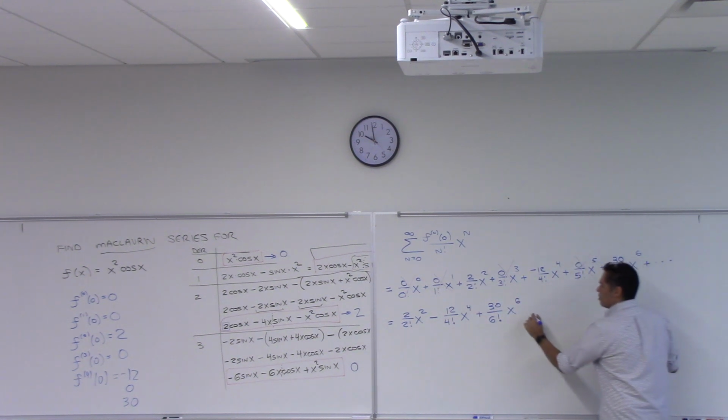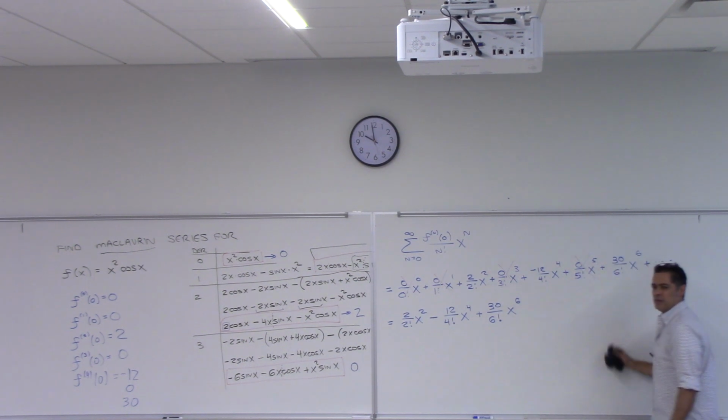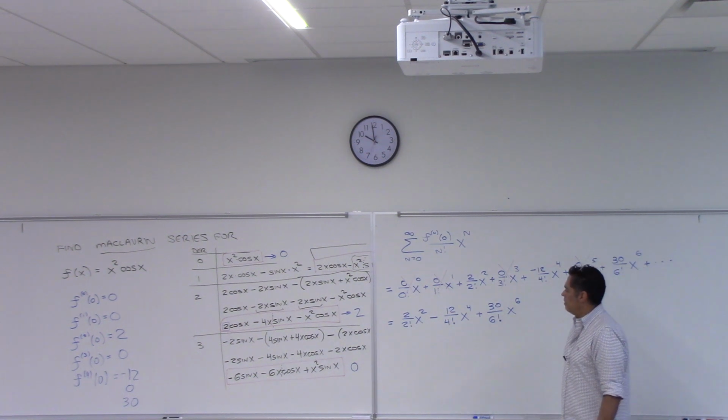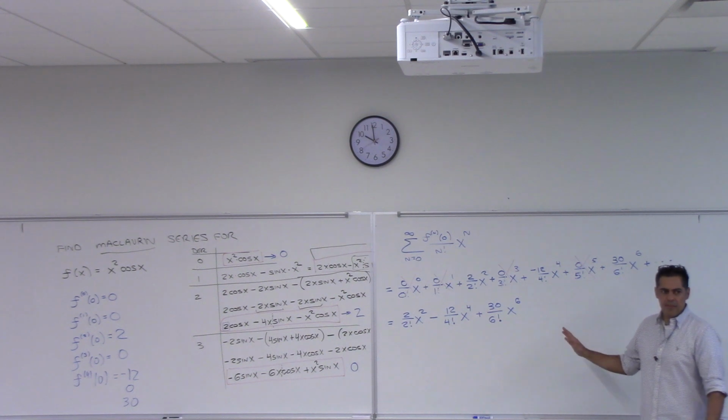Those are the first three terms, aren't they? Any guess the next one will probably be minus? So can you get a formula from this? Do we see any patterns? Does anyone see a pattern?